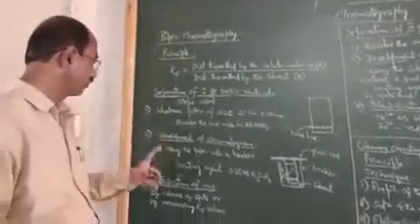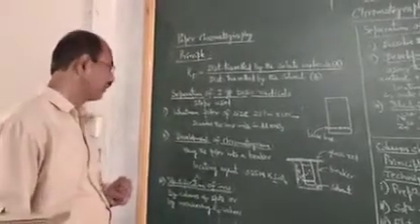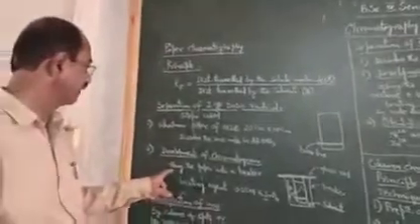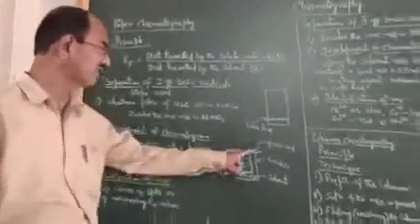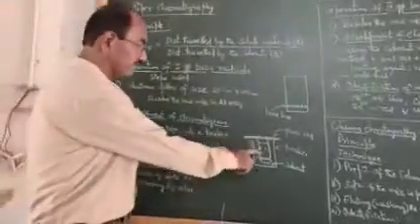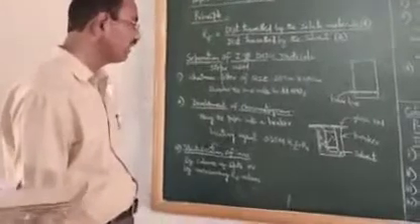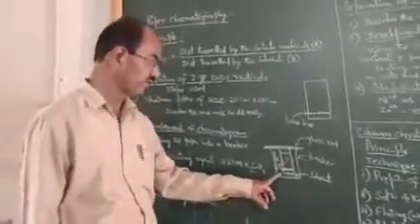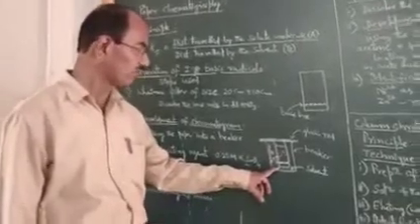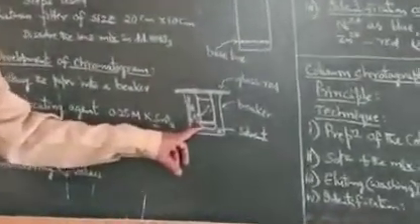Then the development of the chromatograph. In the development of the chromatograph, the chromatographic paper is held in a beaker with the help of a glass rod like this, and carefully a suitable solvent is poured, not to touch the paper slightly.